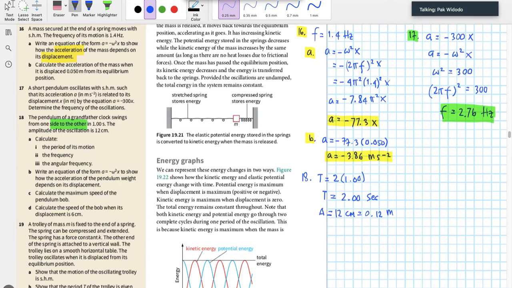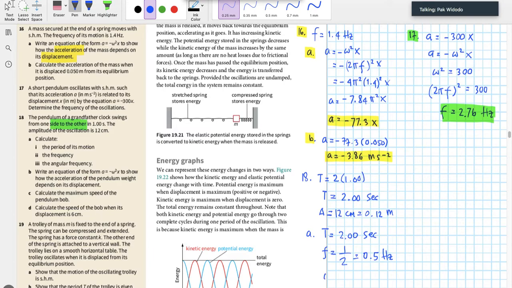So from this, there are several questions. Calculate the period of its motion. Oh, the period we already have, the period equals 2.00 seconds. And then the frequency is 1 over 2.00, equal to 0.5 hertz.